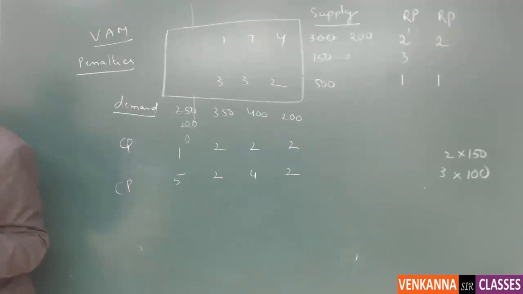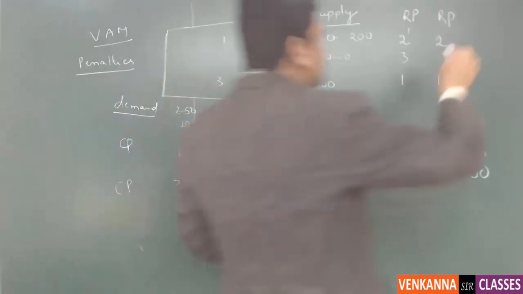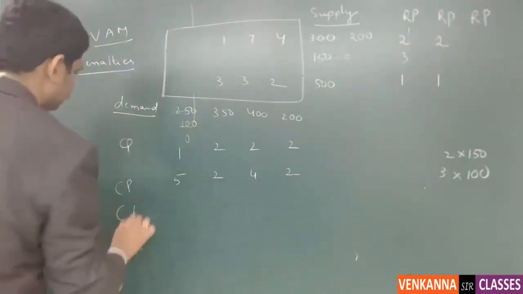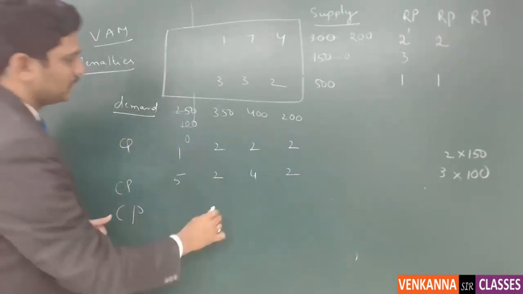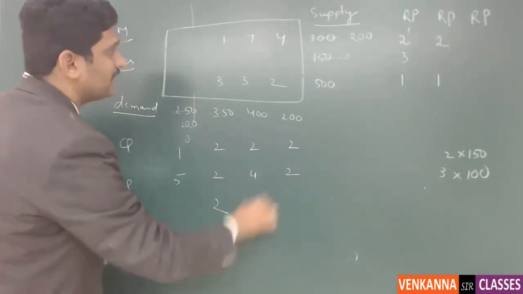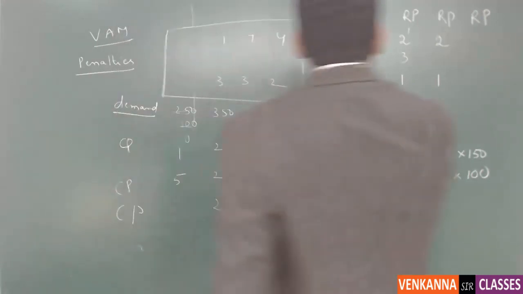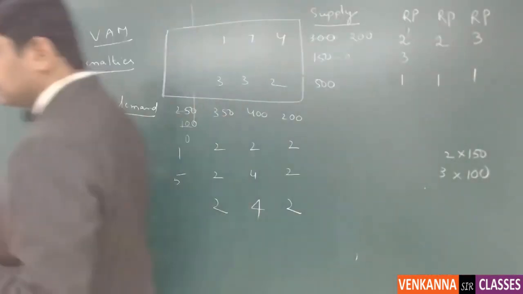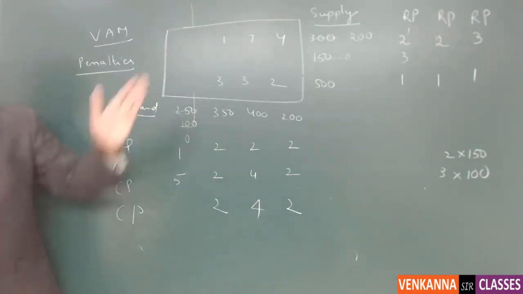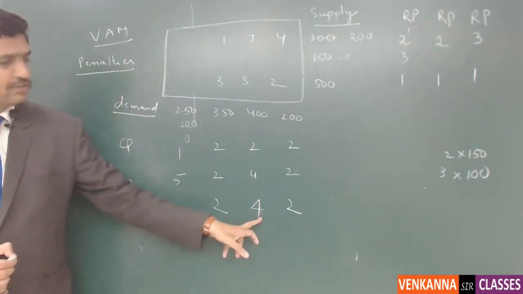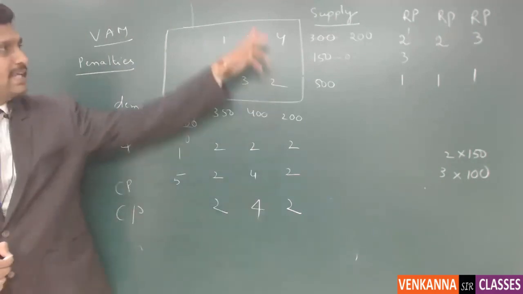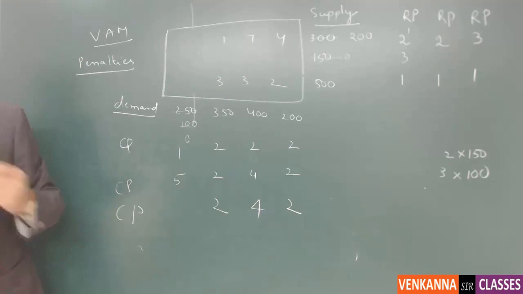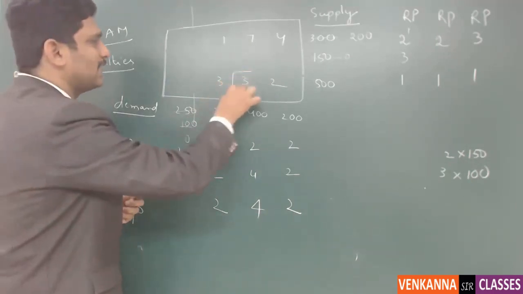Right. So again, we are calculating the row penalties as well as the column penalties. So here the value is 2, the value is 4, the value is 2. Again, you have 3 here and you have 1 here. So among all these things, the maximum penalty happens here. So we are selecting this column now. Among which the smallest value is nothing but 3, and we are selecting this one.